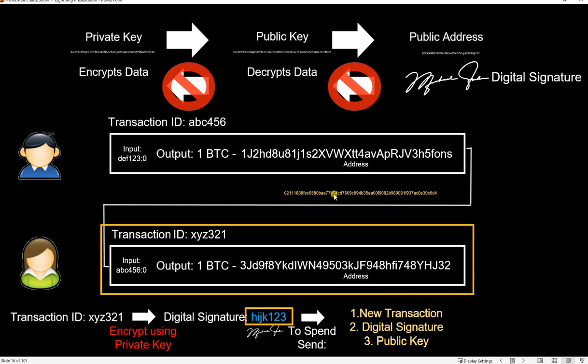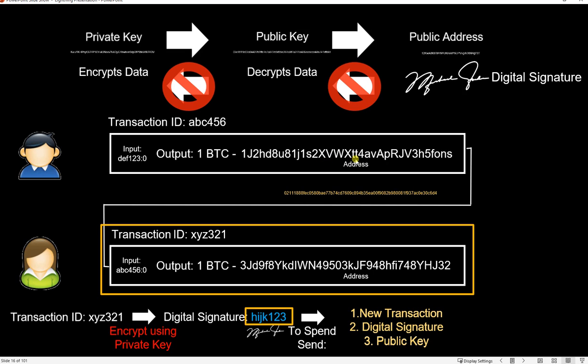So since we know that this public key definitely belongs to this digital signature that was encrypted by this particular private key, then we take this public key and we hash it and we connect to the address.